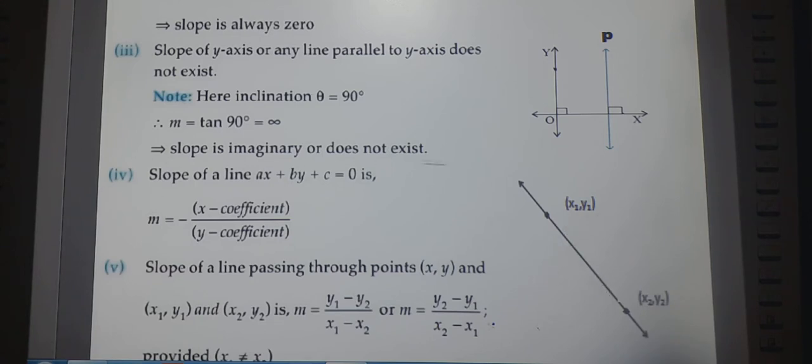So we consider any point as x, y and 2 points other than x, y are x1, y1 and x2, y2. So by using the slope formula, we know the slope is y2 minus y1 upon x2 minus x1, or you can write y1 minus y2 upon x1 minus x2, provided that x1 is not equal to x2, because when the denominator is 0, we know that any number upon 0 is not defined.